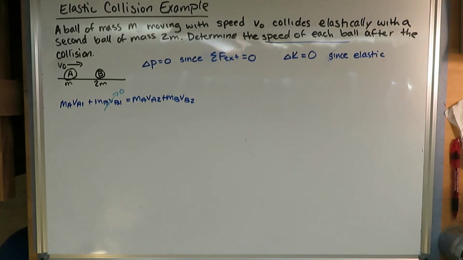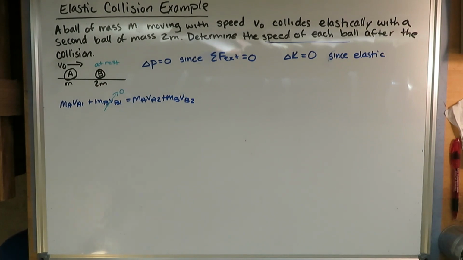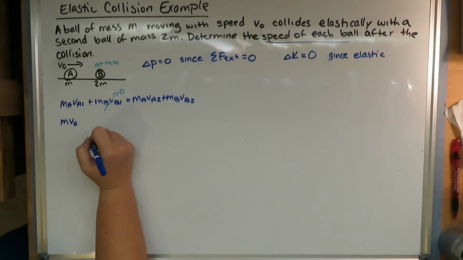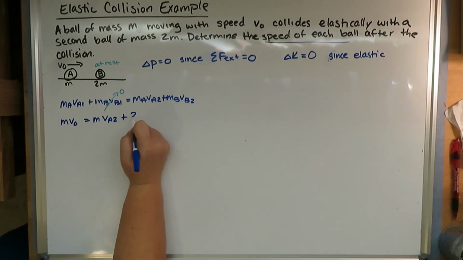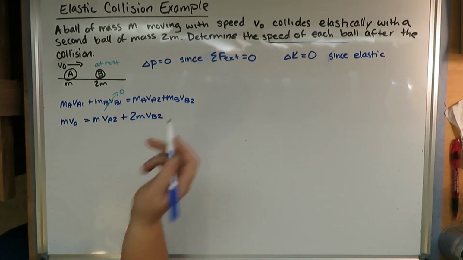I'm going to sub in the variables provided in the problem. So MA is just M, VA1 is V0, MA is still M, VA2 is unknown, and MB is 2M, and VB2 is also unknown.